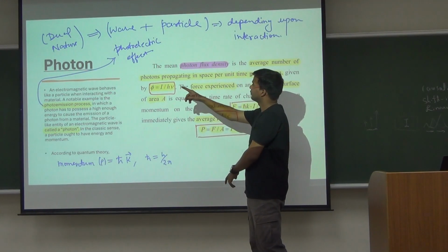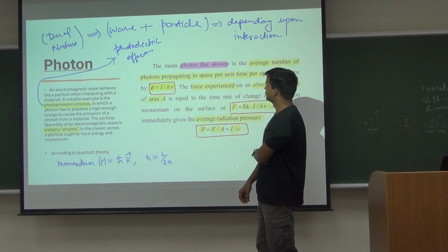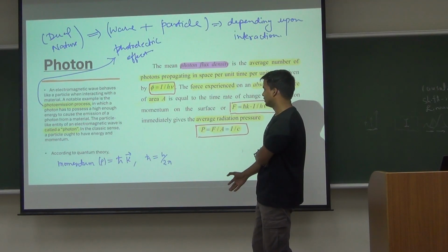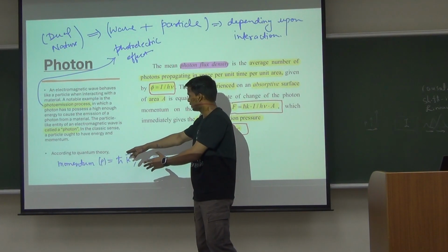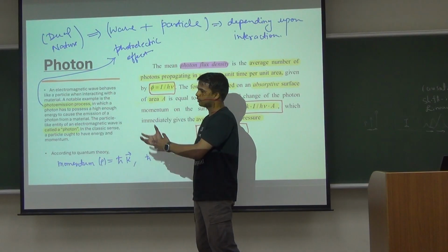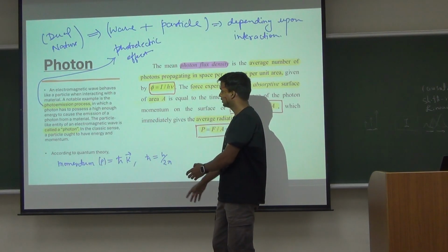So that's where we can see the particle nature. And yes, it also has momentum. It is massless. The photon does not have mass, but still has momentum.